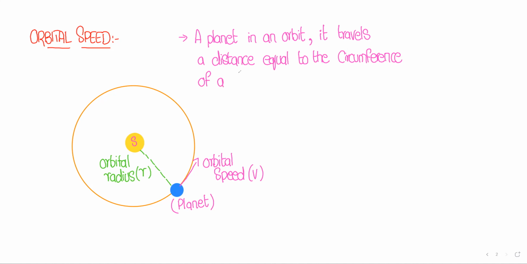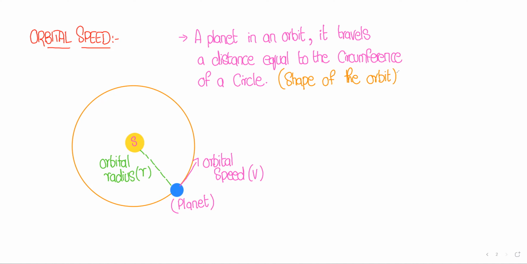of a circle, right? If we are talking about the complete motion of a planet in an orbit, the complete distance covered by the planet is equal to the circumference of a circle, or in simple words, the shape of the orbit. Normally we consider the shape circular.